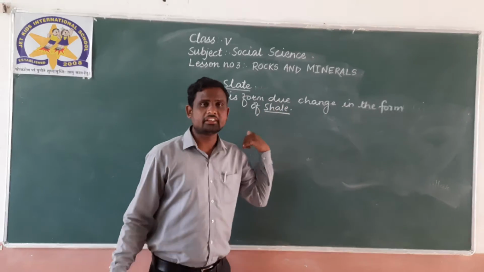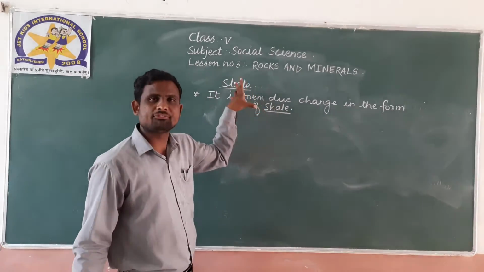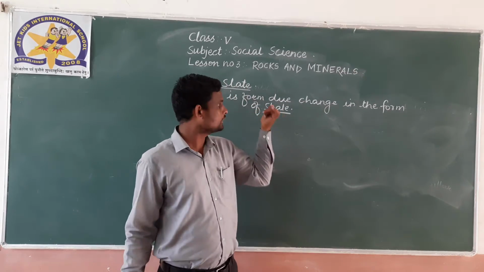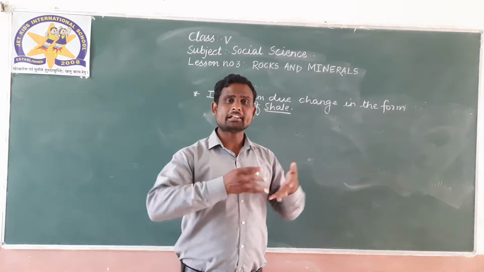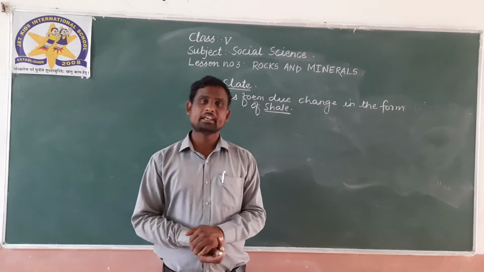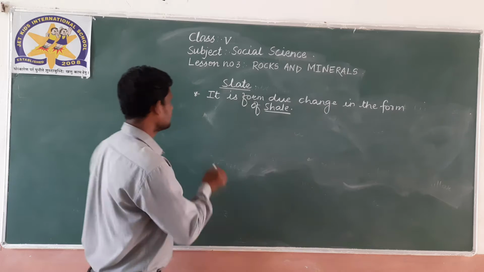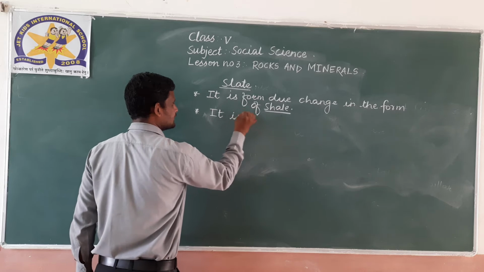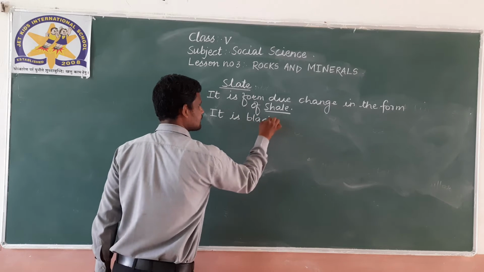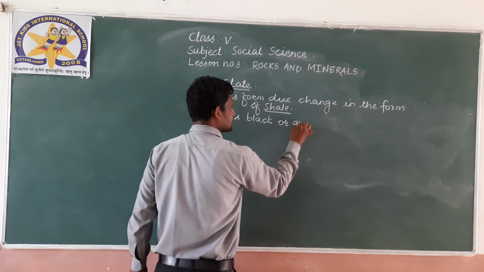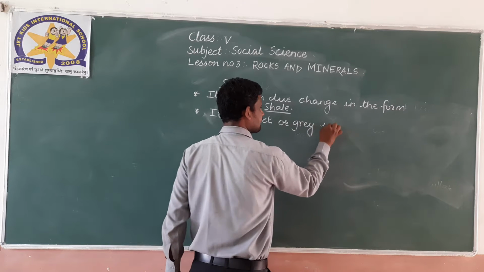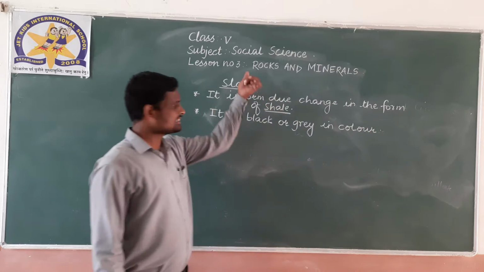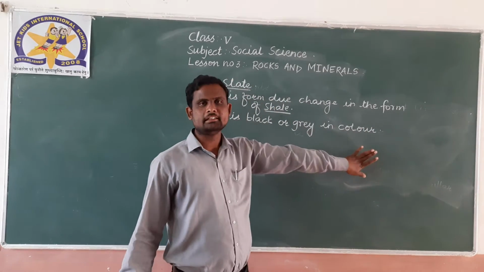This means slate is formed from shale, and shale, we know, is a sedimentary rock found at the bottom of the sea. We have learned the information about this. After that, it is black or grey in color. Grey in color means it is available in black or grey color.